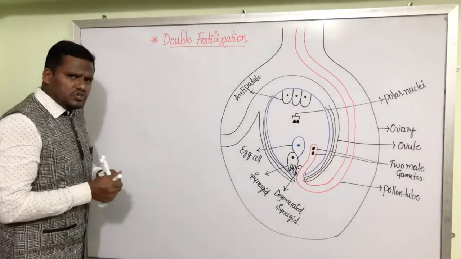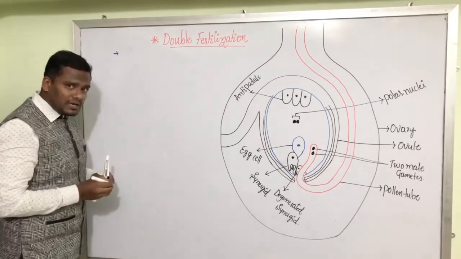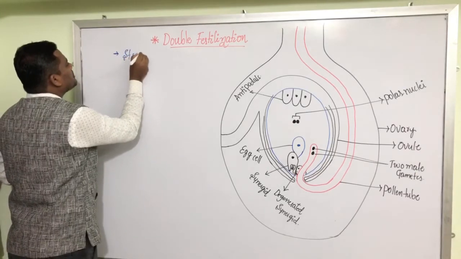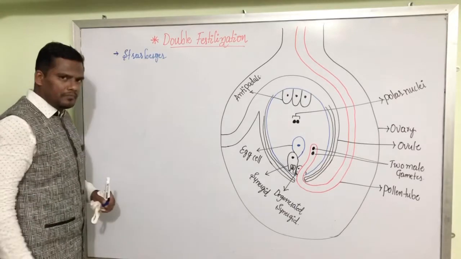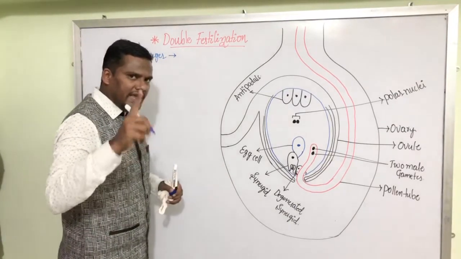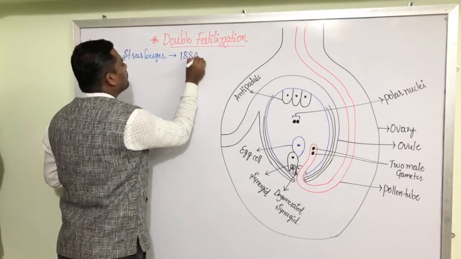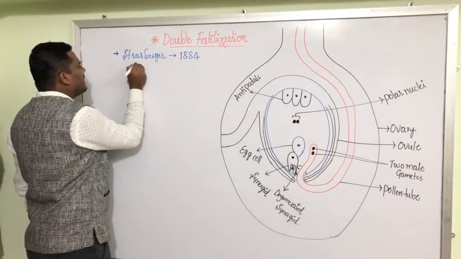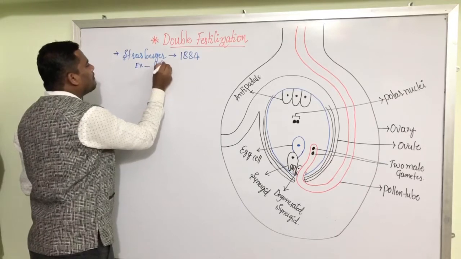Double fertilization was first discovered by a German scientist. His name is Strasburger. He discovered the double fertilization event in the angiosperm in the year 1884, while he was studying the lilium plant.